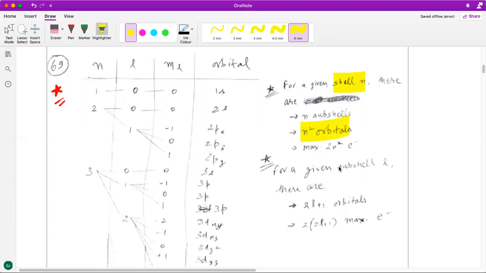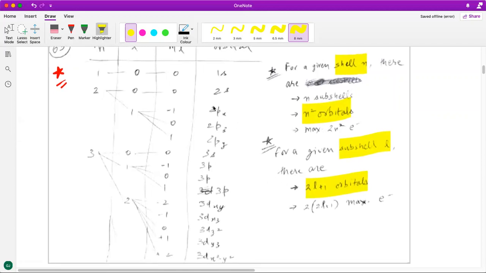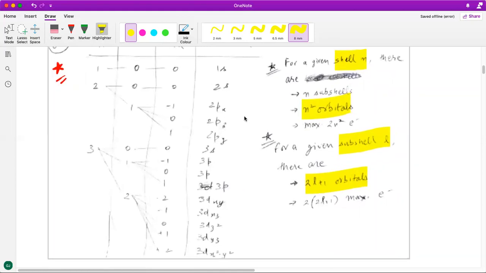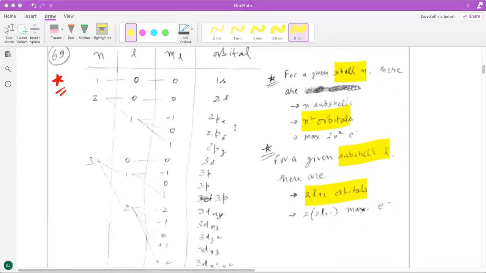And similarly, for a given subshell L, there will be 2L plus 1 orbitals, right? So if you have 2L plus 1 orbitals for a given subshell, then you can get the total number of electrons in a subshell as 2 times 2L plus 1.